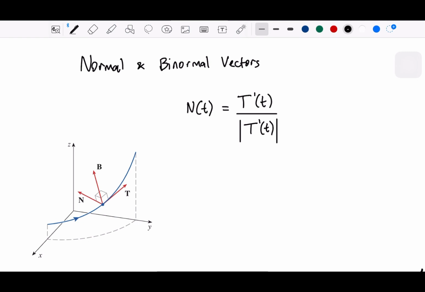Suppose that we have a unit tangent vector, T. We know that T prime is going to be orthogonal to T, which is an indication that the angle will be 90 degrees, right?